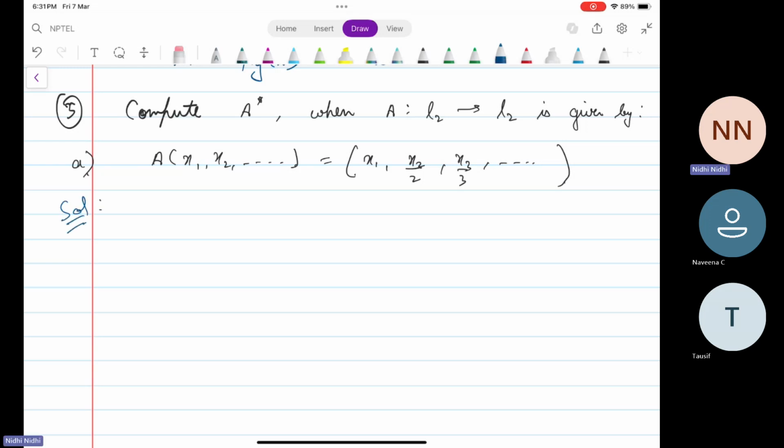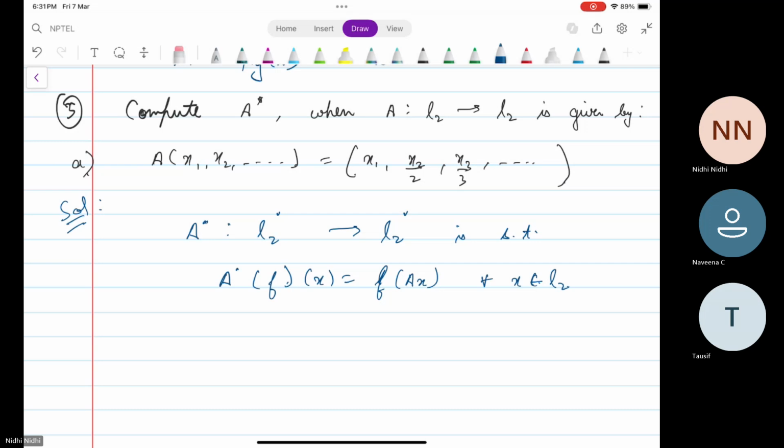Now we'll compute the adjoint. So we know that the adjoint is defined from L2 star to L2 star such that A star f at any point x is equal to f of A x for every x in L2 and f in L2 star.